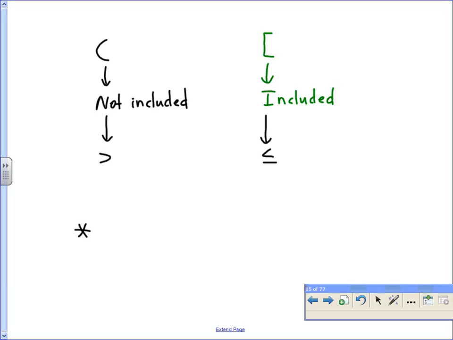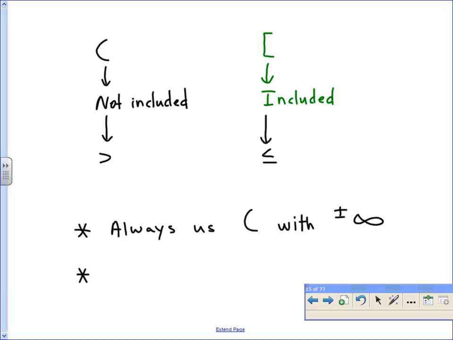And then the other thing that you need to remember, in this case, there are two other things you need to remember. The first one is that you are always, let's see if I can spell always correctly, always use a parenthesis with positive or negative infinity.